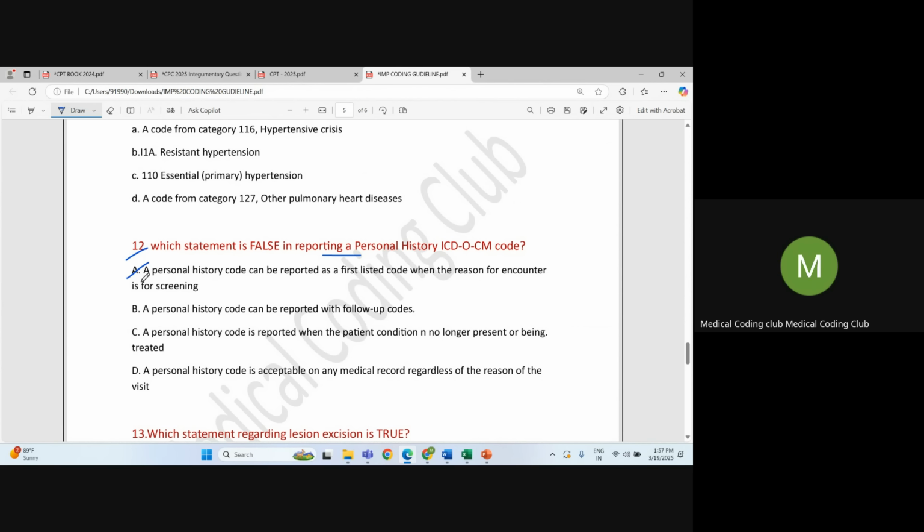Option A says a personal history code can be reported as first listed code when the reason for encounter is for screening. Okay, screening codes we can use as first listed ICDs, that is primary diagnosis, but personal history code we generally don't keep as a primary diagnosis. So this is a false statement. For 12th question, your answer is option A.